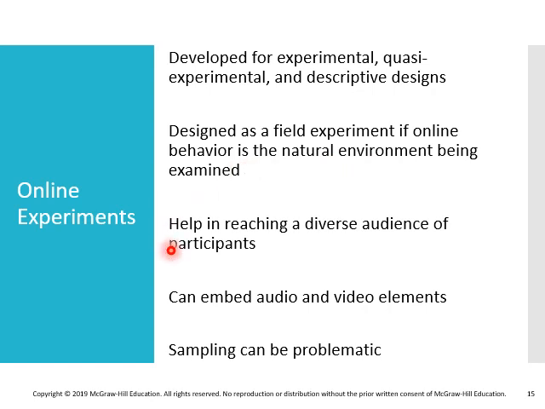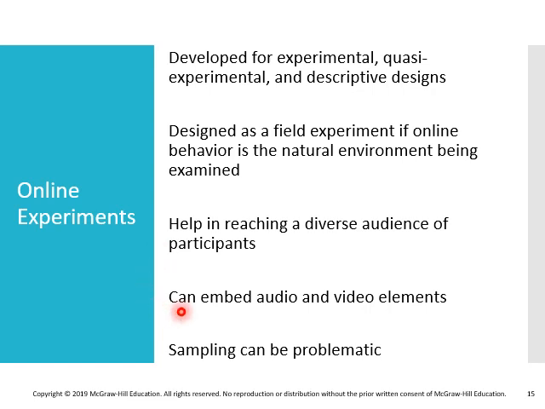Online experiments help us to reach a diverse audience, meaning that we are not affected by geographical boundaries. We can tap into samples who are much farther away from us, and that's good because then we have a richer set of participants, especially if we want a large sample or a representative sample of the world population.